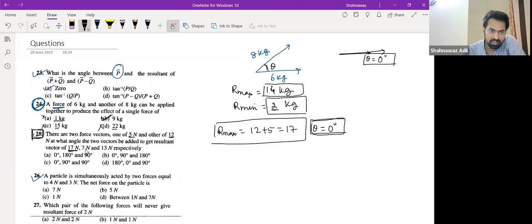And to get 7 Newton, how can we? 12 minus 5 is 7 Newton. So what is the angle between these two vectors? For what angle do I get the minimum value of the resultant?